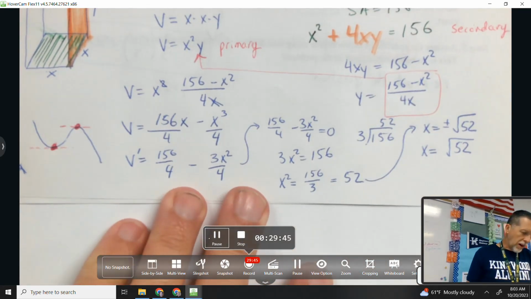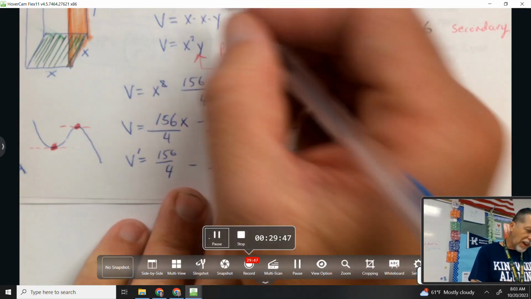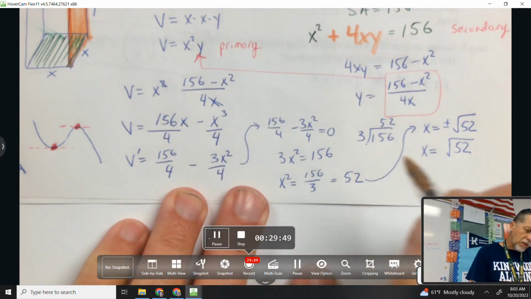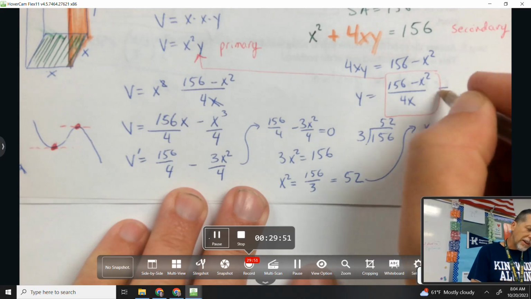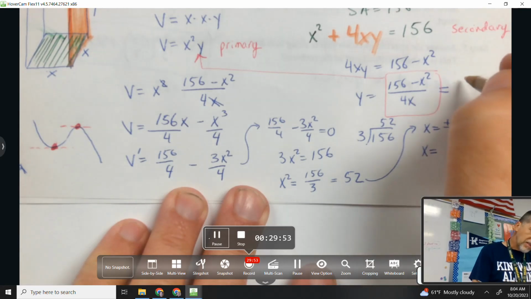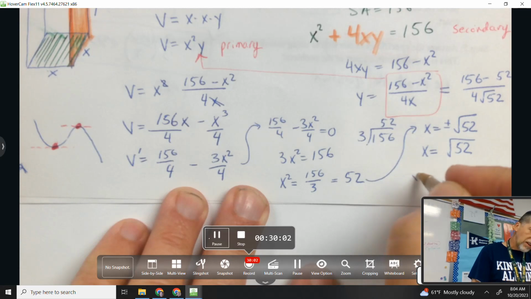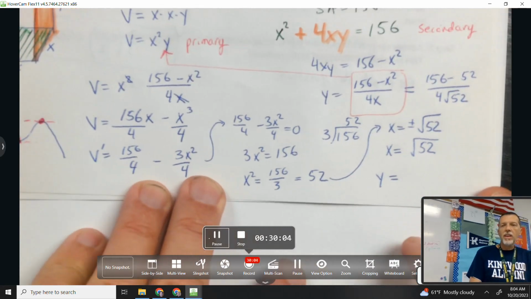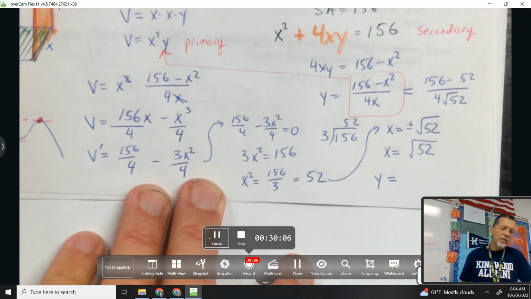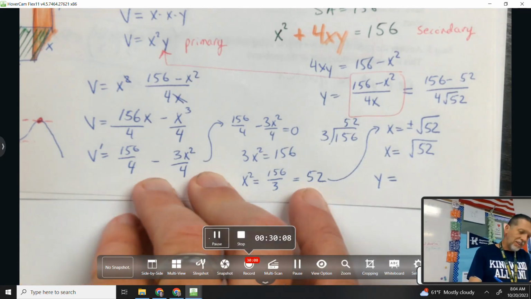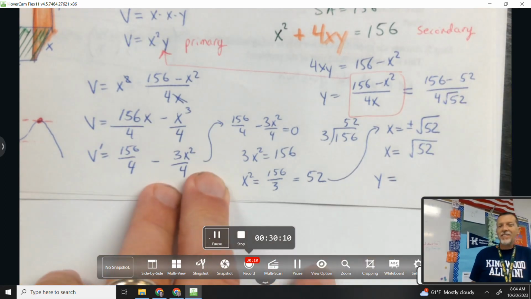So x is square root of 52. But my dimensions are x and y. So here's my equation for y right here. So 156 minus 52 over 4 square root of 52. And again, how much you clean up is kind of up to you. You can just leave that as an answer and call it a day.